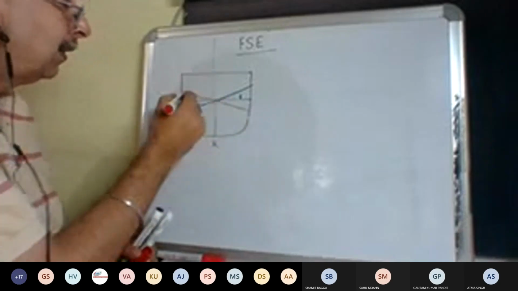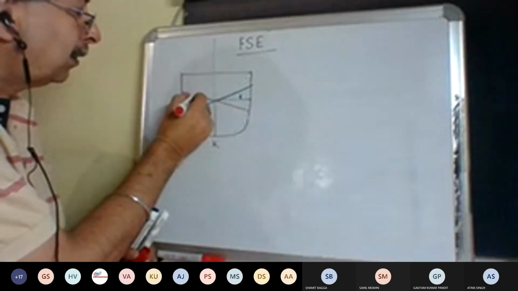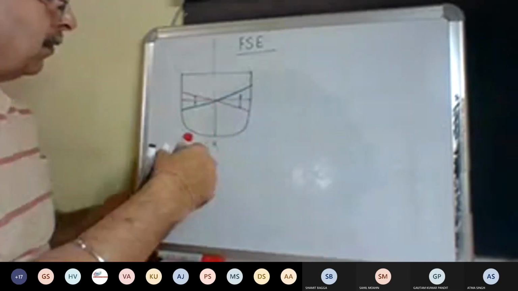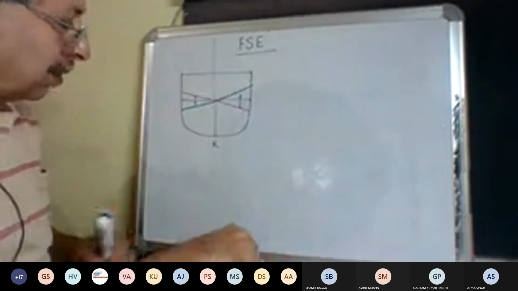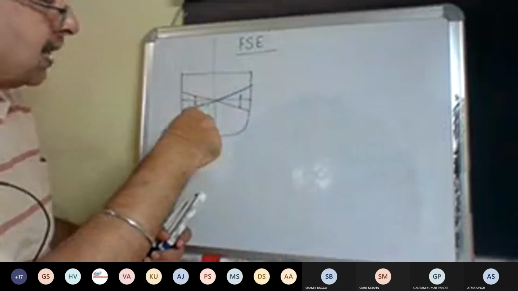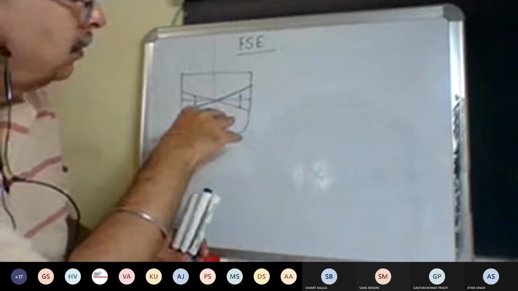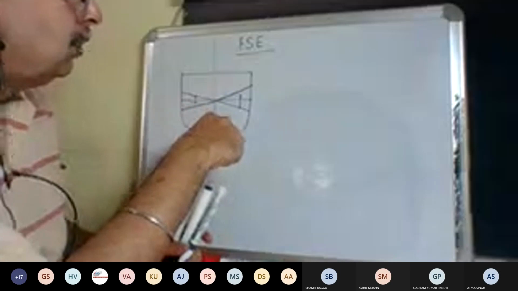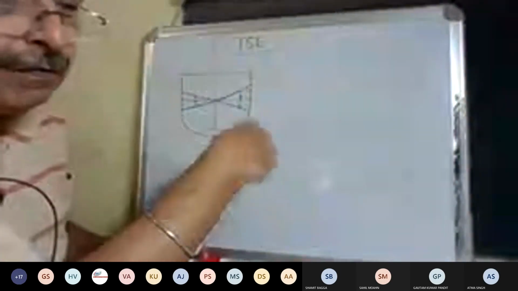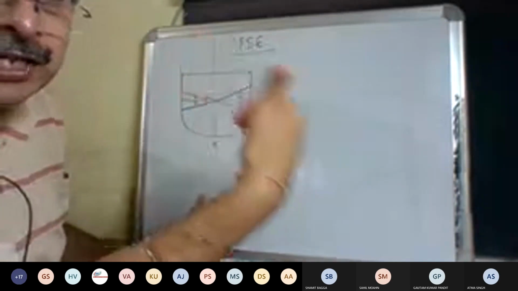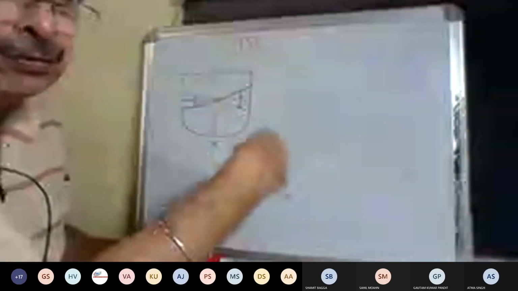There'll be a shift like this, and a shift like this, which will of course be equal. So due to this fluid motion, the G of the vessel is constantly fluctuating up and down, and as a result, the GM of the vessel is fluctuating up and down.